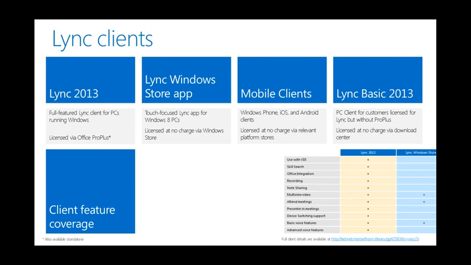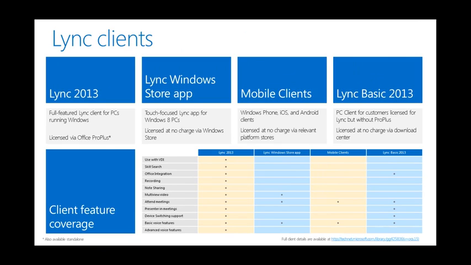Just going back to the actual client software itself, so we start off with the Lync 2013 client. This is the full feature product. It's licensed via Office Professional Plus. You can also buy it separately itself. In the grid on the bottom right-hand corner, you've got the Lync 2013, and you can see there that it's actually showing all of the functionality. You get the full rich features there.